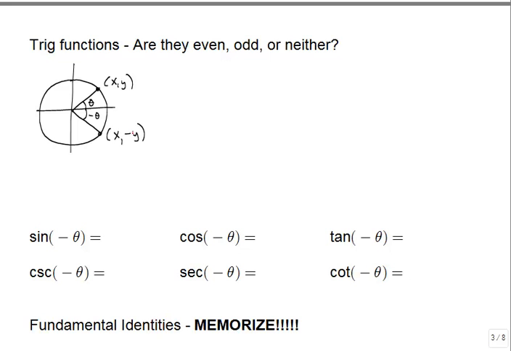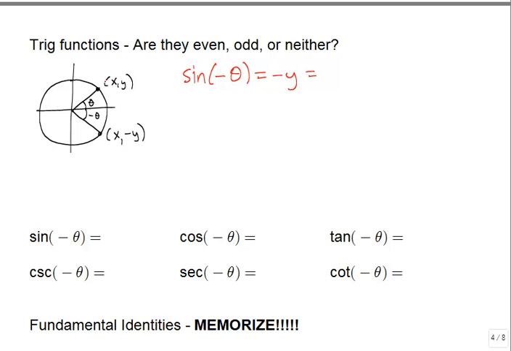Let's look at what happens if we consider sine of negative theta. That would put us at this terminal point right here, and the sine of that angle is its y-coordinate, which in this case is minus y.